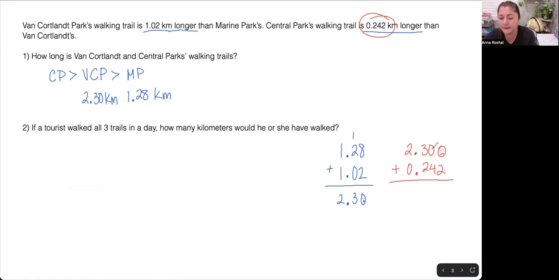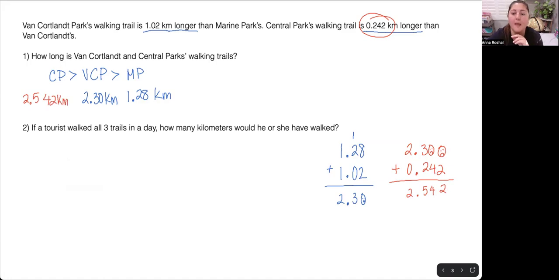And then this is also a sad zero. So we're fine to put in as many as we want, as many as we need, so long as they're behind the decimal point, behind all the digits. Okay, 0 plus 2 is 2, 0 plus 4 is 4, 3 plus 2 is 5, 2 plus 0 is 2. So now I know that Central Park is this many kilometers.